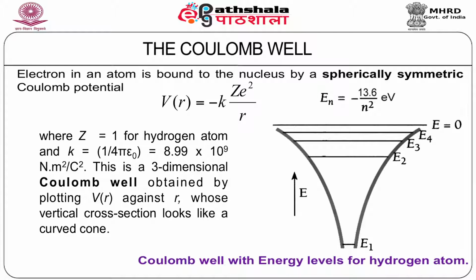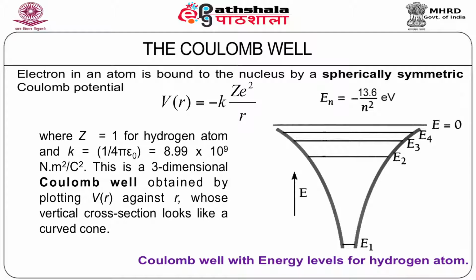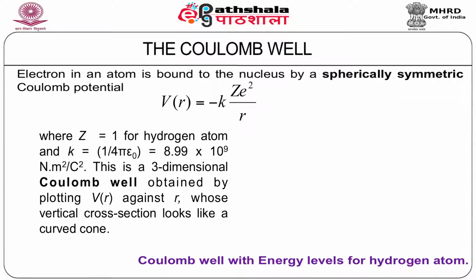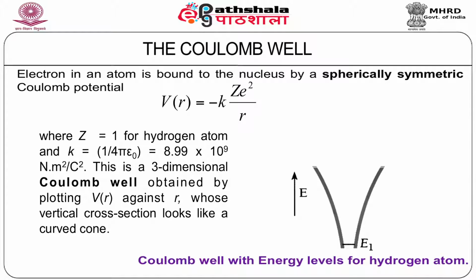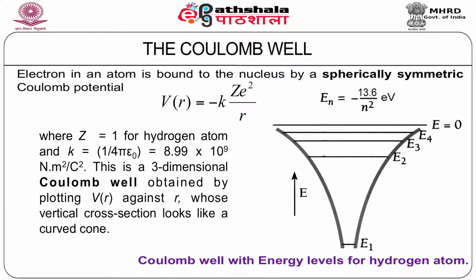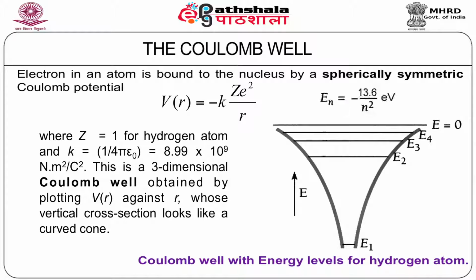And these are the energy levels which are obtained from the Bohr model. And as I told you in the beginning, by solving Schrodinger equation, we are going to get the same energy levels as we got in the case of Bohr model. So the energy levels are shown here in this figure.